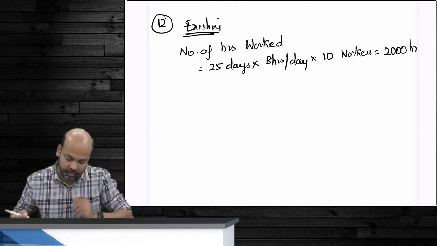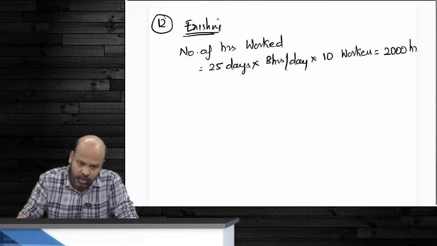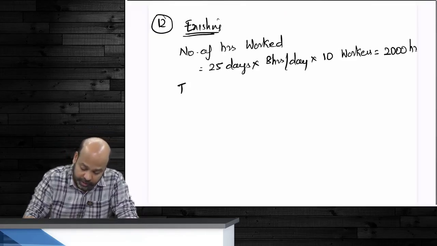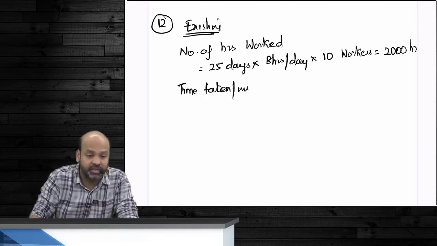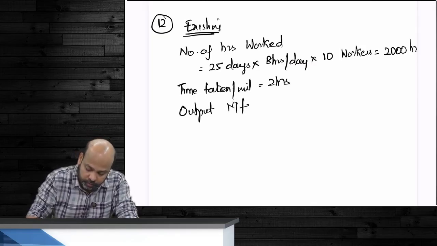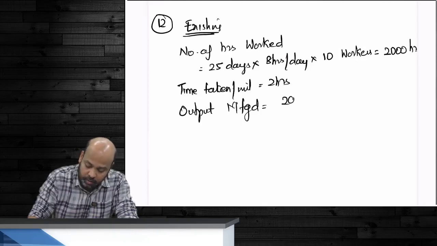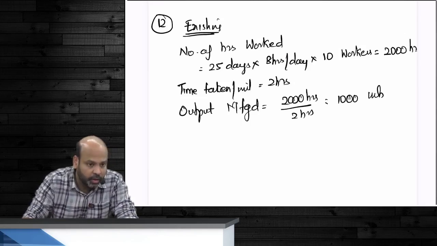The number of hours worked beta will be 25 multiplied by 8 multiplied by 10, and that will be 2000 hours. What is the time taken per unit? Under the existing system, guys, we are taking 2 hours per unit. So what will be the output manufactured? 2000 hours divided by 2 hours, and that will be 1000 units.